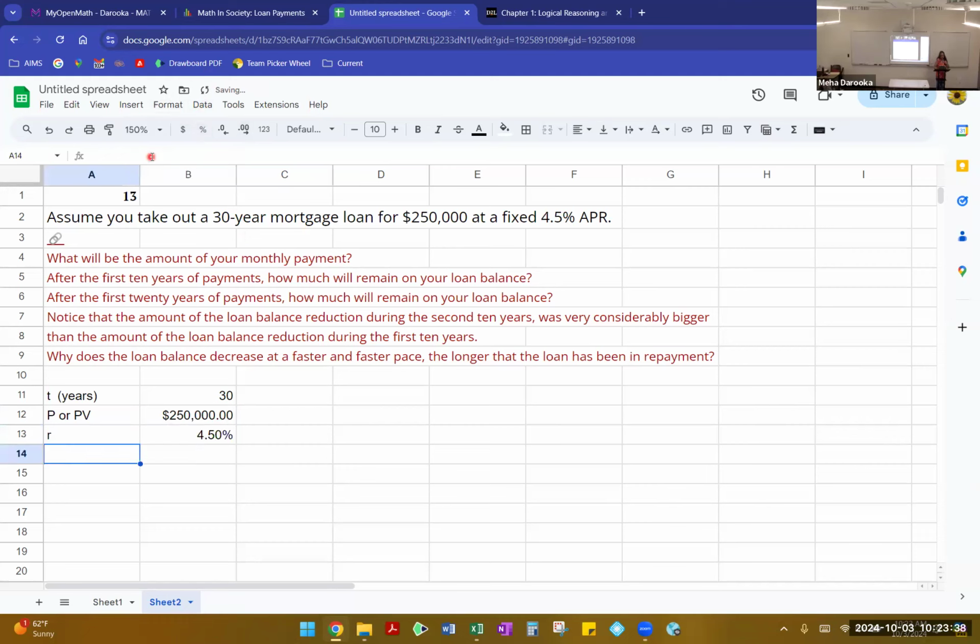Alrighty. Okay, so they want to know, and again, by default, your N is going to be monthly payments. So what will be the amount of your monthly payment? Go ahead, calculate that and let me see what you come up with. If you're figuring out the payment, which formula are you using?